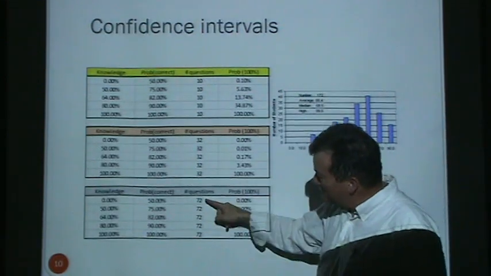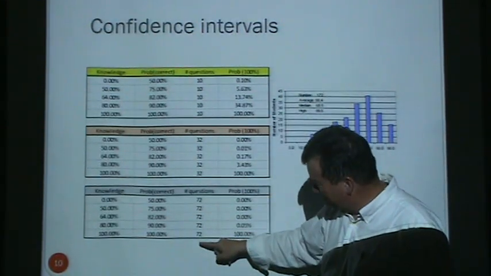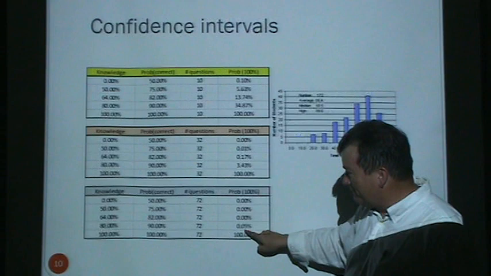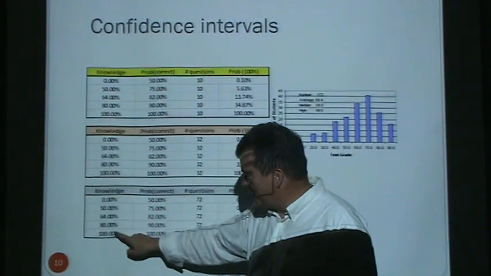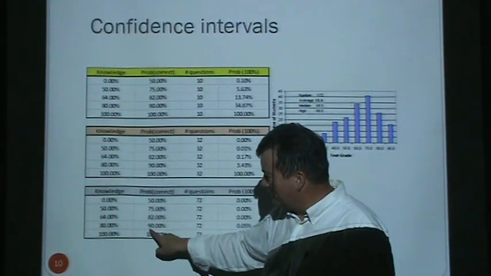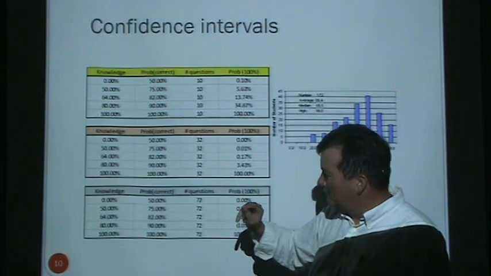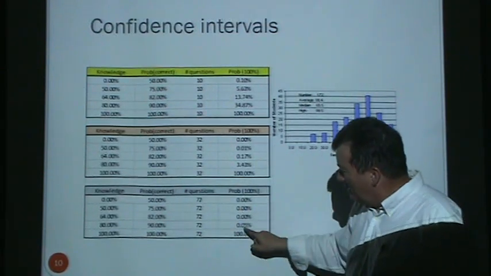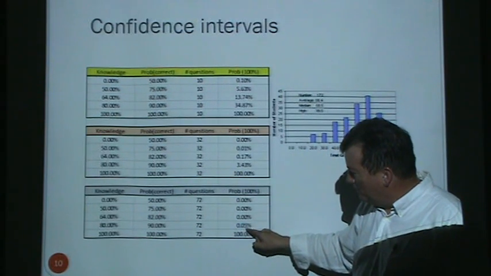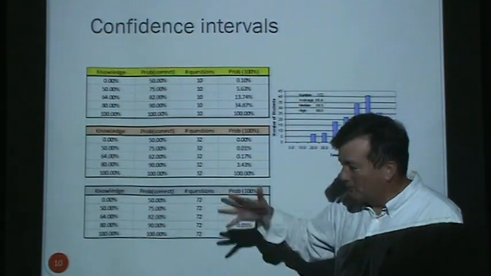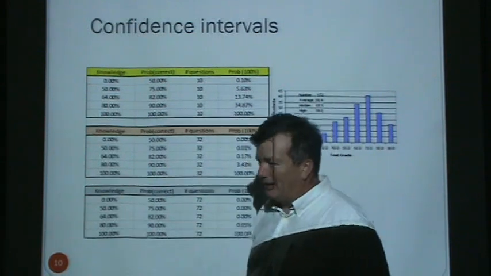But then if we went up to 72 questions, then it's all zeros, except for the case where the student who knows 80% of the material, who was therefore expected to get a 90, takes a 72-question true or false test. There's a 1/2 of 1/100th of a percent. They could get them all right when they really only deserve an 80. They would get 100.